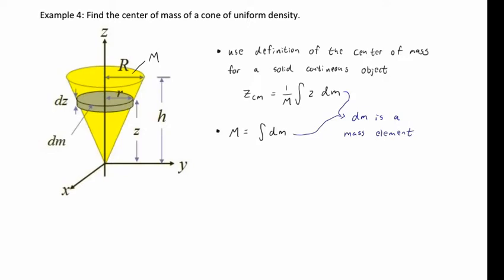All right, so now let's get started with the problem. Okay, so z center of mass, the thing we're trying to solve, is 1 over M, okay, and then the integral of z dm.